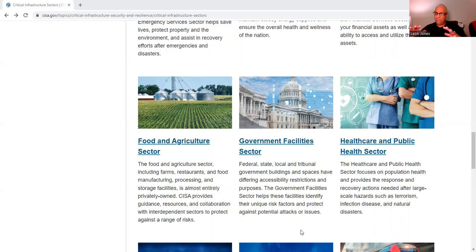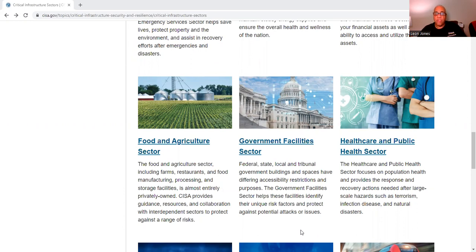Now, something that you might not deem part of infrastructure. What about your government services sectors? Well, what's housed in the government facilities sector, you have your federal, state, local, and tribal government buildings and spaces, and they have differing accessibility restrictions and purposes.